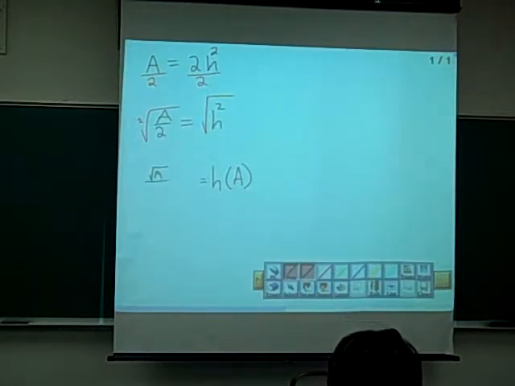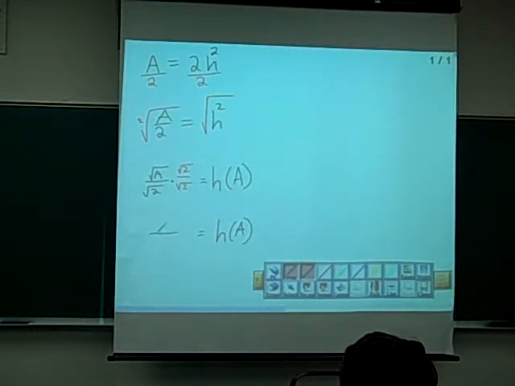We split it: square root of A over square root of 2, and then multiply by square root of 2 over square root of 2. That gives us H of A equals square root of 2A, over 2. And that's our model.